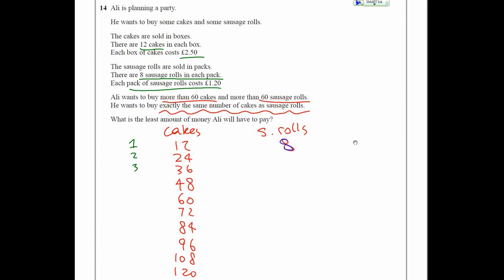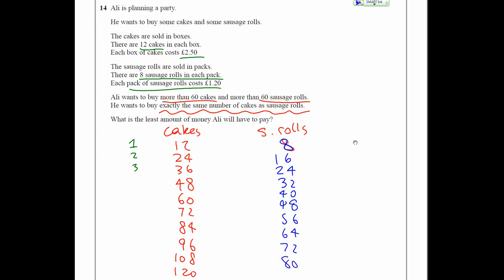Let's do the rolls, see how we get on there. 8, 16, just add 8 each time, for however many packs you want. 24, this is your 8 times table, by the way. 32, 40, 48, 56, 64, 72, 80.